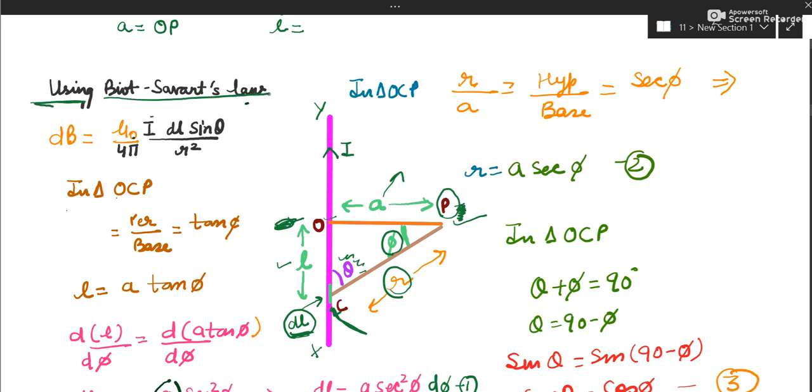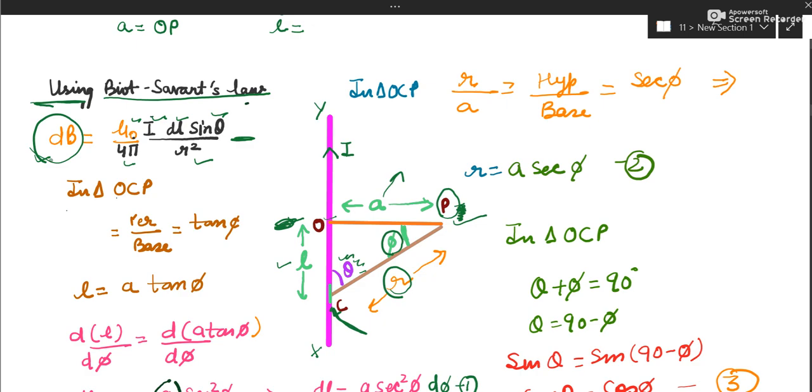Using Biot-Savart's law, what equation do we know? dB is equal to mu naught by 4 pi, I dl sine theta by r square. This is the magnetic field generated by the small current carrying element. You can see here, the small current carrying element is generating this much magnetic field dB at point P.